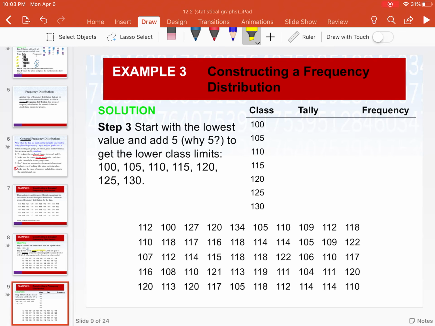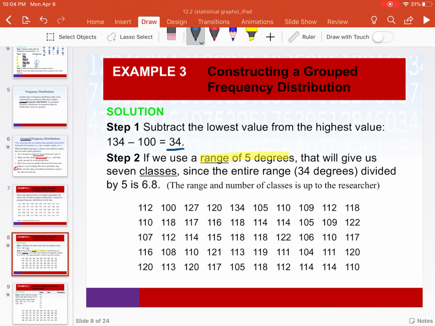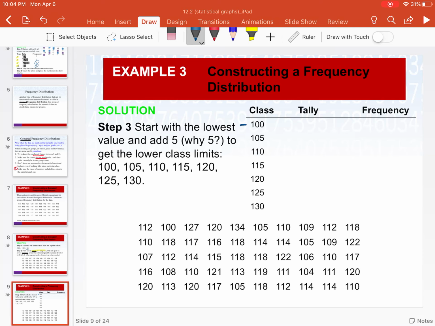Let's see. Okay, so we start with the lowest value, which is 100. Okay? And now think about it. We want to add 5 to that to figure out where the top of that first class is. Why 5? Well, because we decided we're going to do a range of 5 degrees. Okay? Now what's interesting is if you add 5, you have to count the 100 as you go.